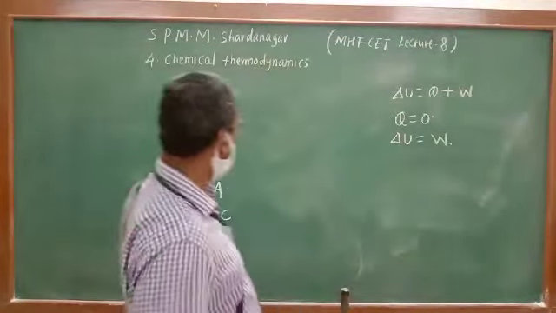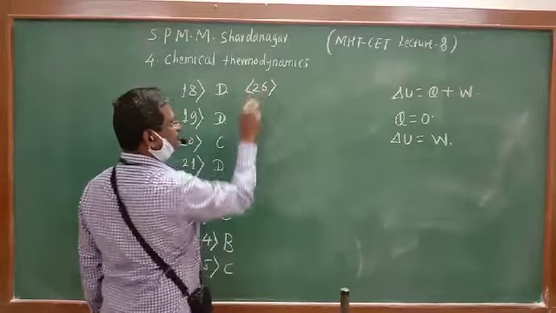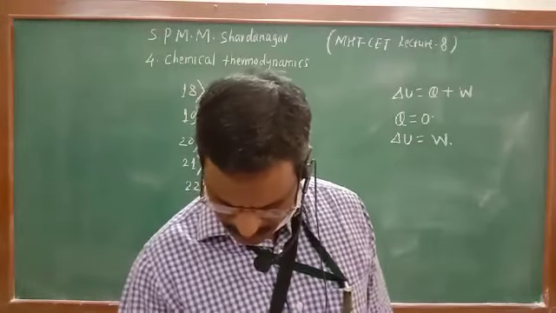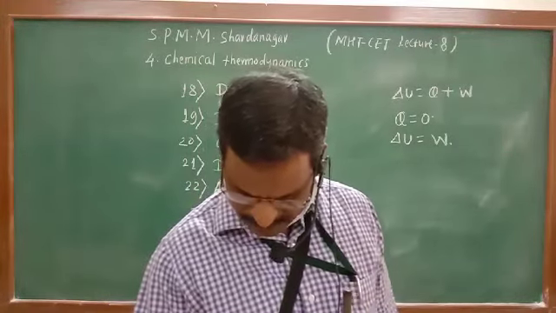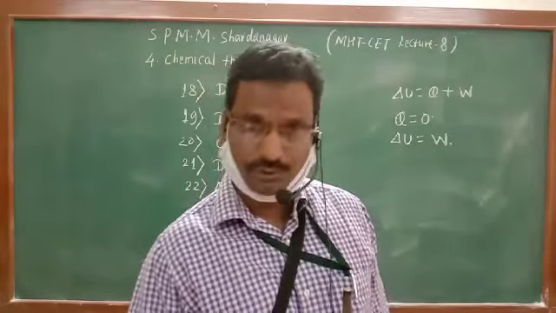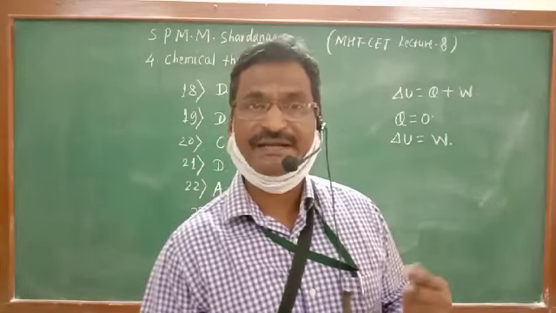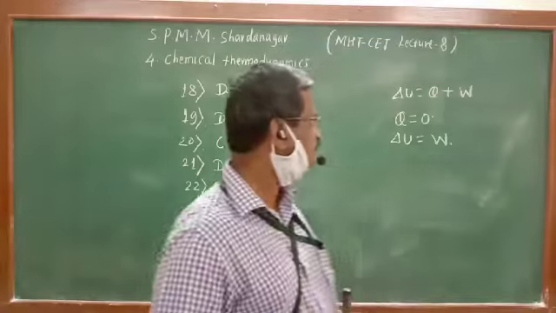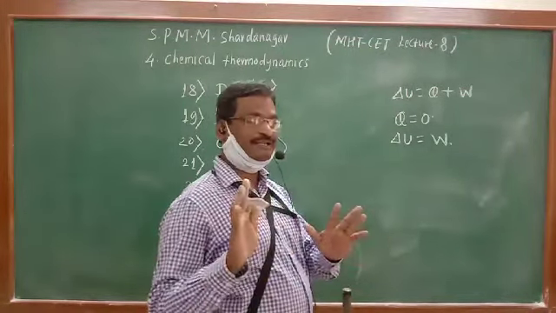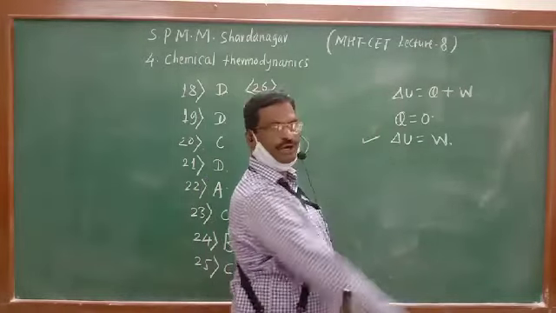Now let us see question number 26. The process in which work is done at the expense of internal energy is. See, work is done at the expense of internal energy means this is the equation we have to obtain.